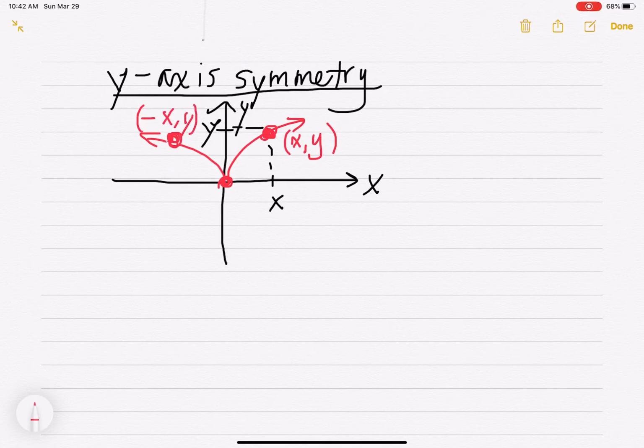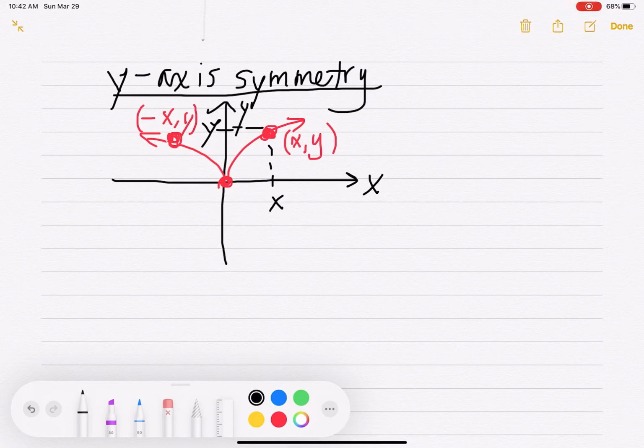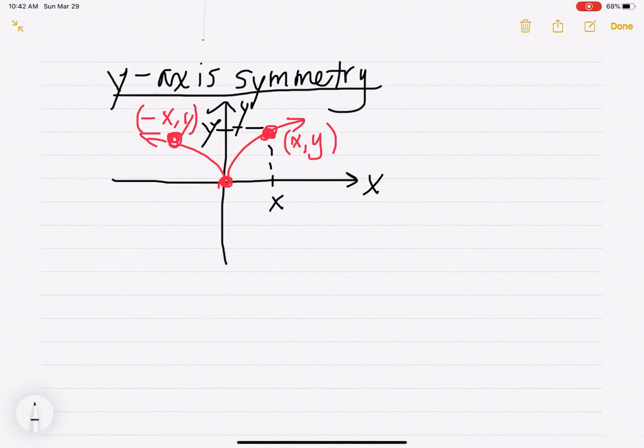So notice it's at the same y level. The y height is the same. It's just the x that is flip-flopped. We have the same y coordinate, but we have a different x coordinate, negative x.